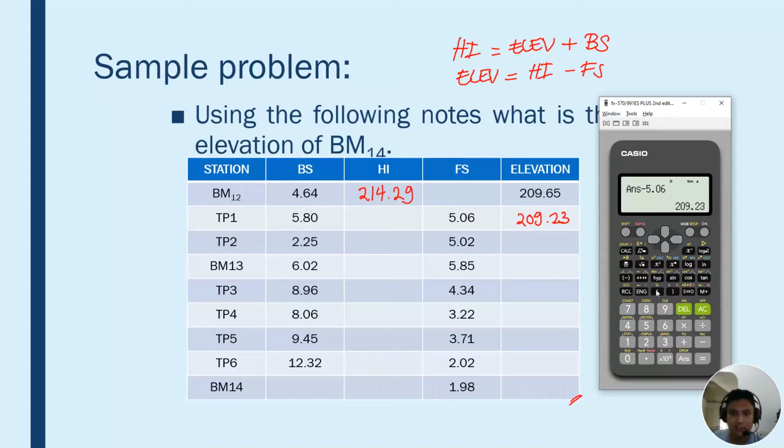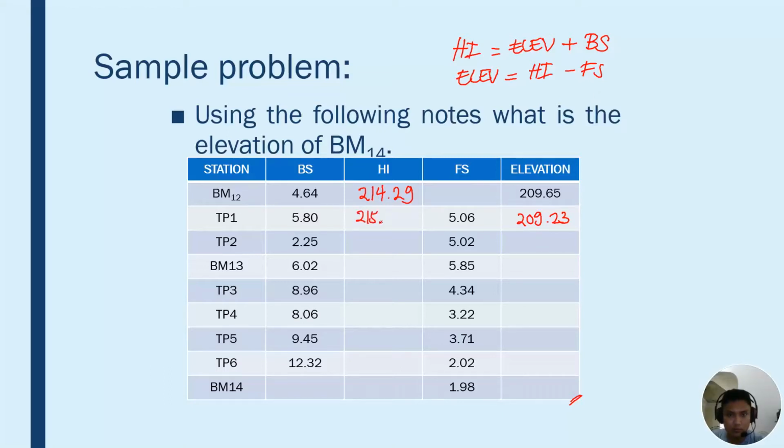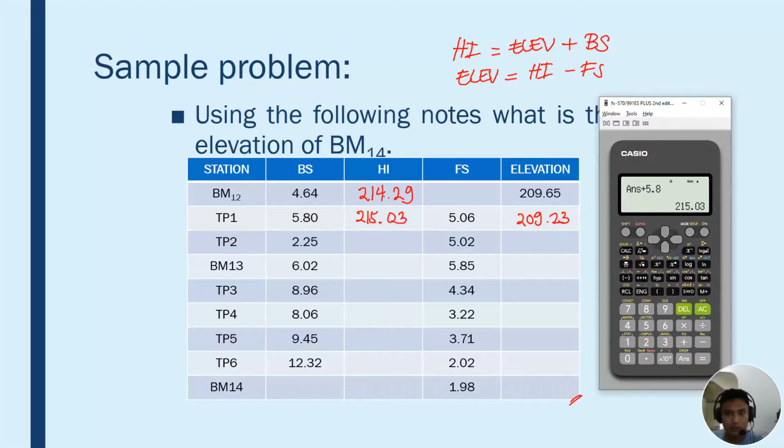Then add again the backside of 5.8, 215.03. Then subtract 5.02, 210.01.